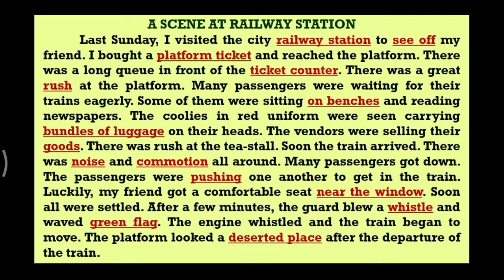Luckily, my friend got a comfortable seat near the window. Soon all was settled. After a few minutes, the guard blew a whistle and waved green flag. The engine whistled and the train began to move. The platform looked a deserted place after the departure of the train. Here, deserted place means a lonely place.